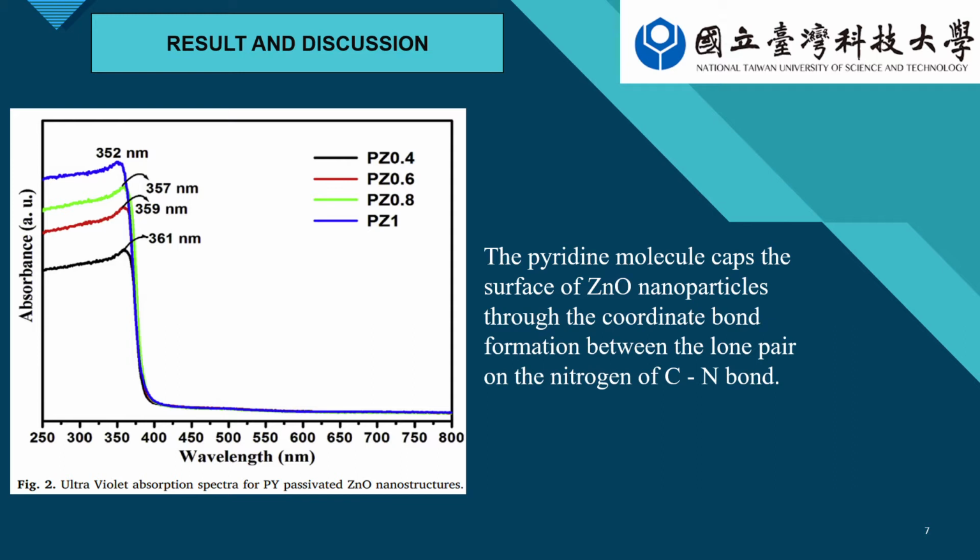The pyridine molecule caps the surface of zinc oxide nanoparticles through coordinate bond formation between the lone pair of the nitrogen of the C-N bond.